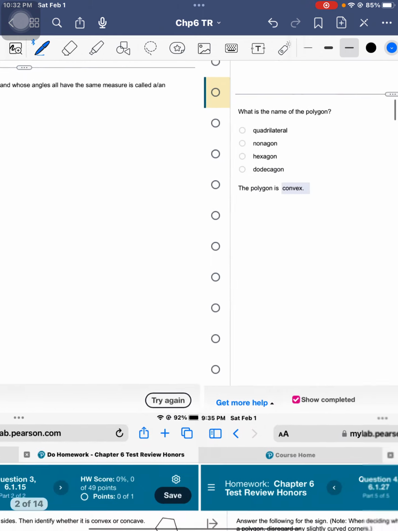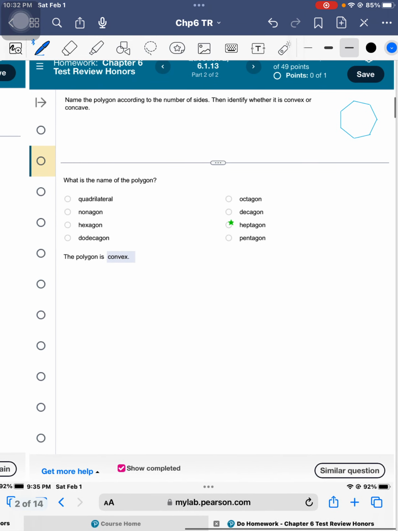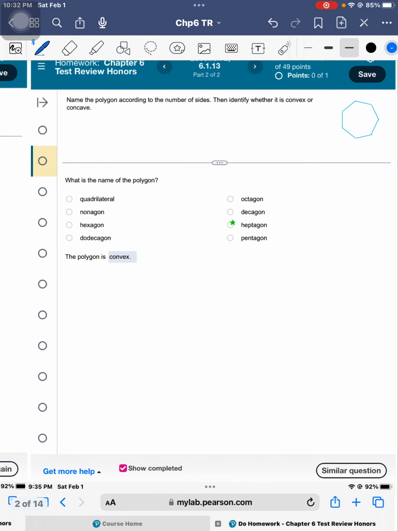All right, so next, name the polygon according to the number of sides, then identify whether it's convex or concave. So we can see the sides 1, 2, 3, 4, 5, 6, 7. That's a heptagon.